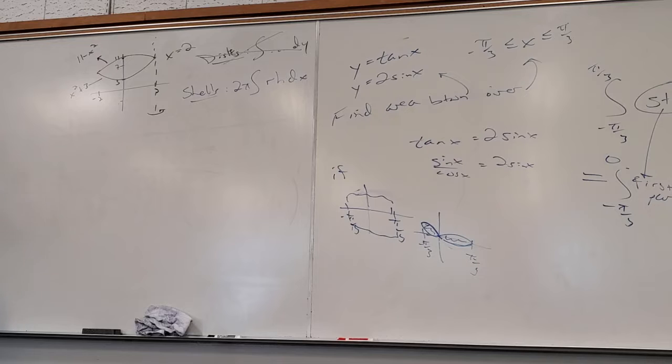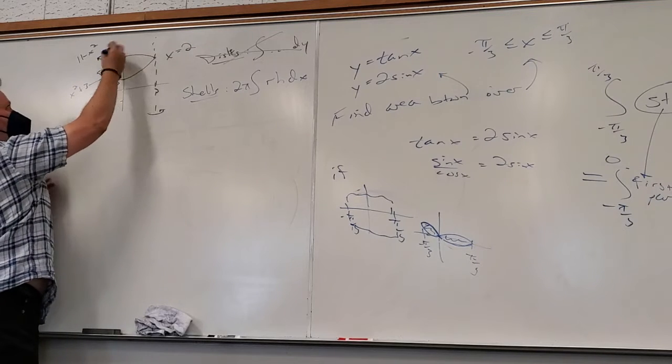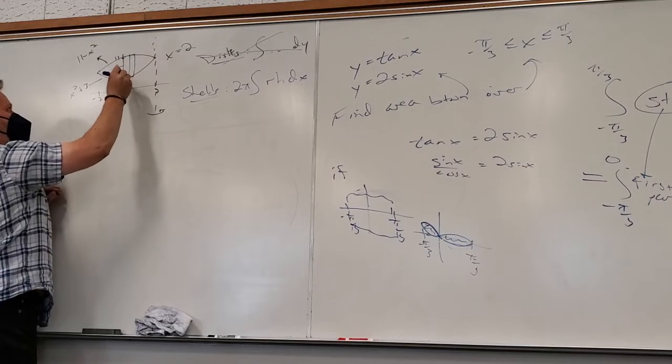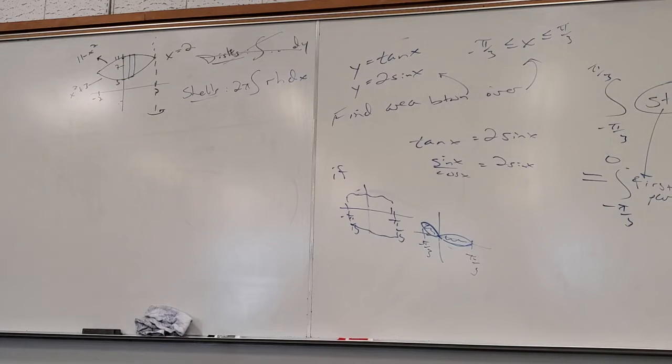Your rectangles will always be parallel to the axis you're rotating, because I want it to be this kind of thing, right? Since I'm rotating around this, I can put it anywhere I want. Just put a rectangle in the region, not over here.